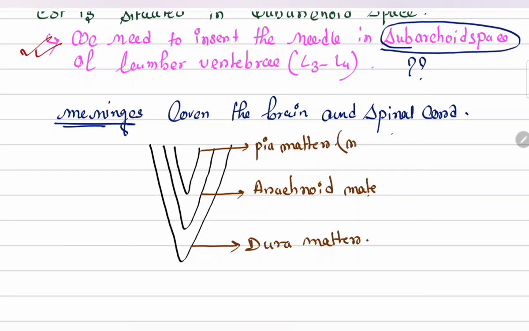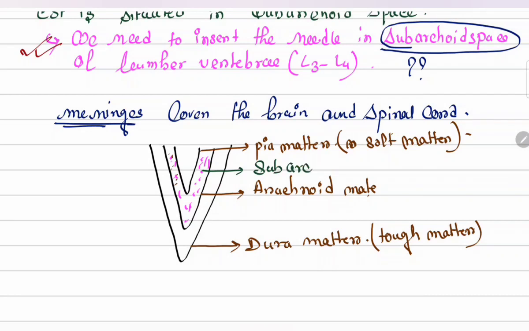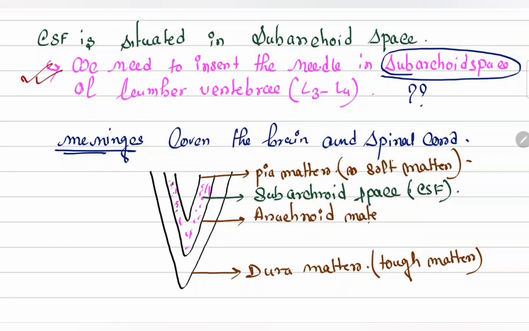Pia mater is also called soft mater, and dura mater is also called tough mater. And the space between pia mater and arachnoid mater is called the subarachnoid space, and in this subarachnoid space CSF is present. So at the time of lumbar puncture, the needle is inserted into the subarachnoid space of the lumbar vertebra, that is L3 L4. I think you all understood the site of lumbar puncture and what is lumbar puncture.